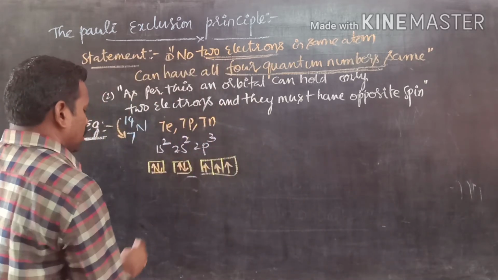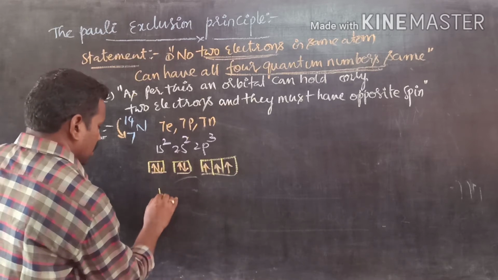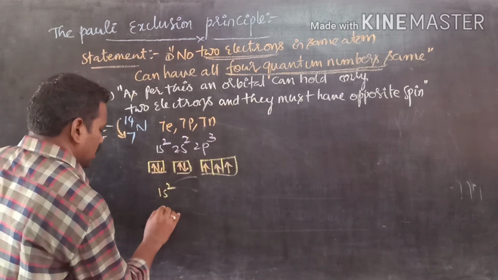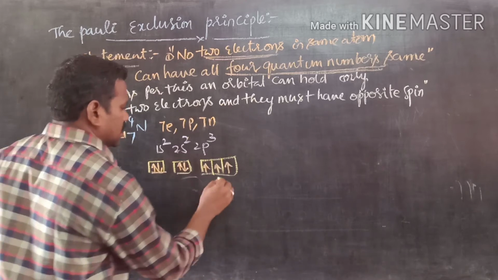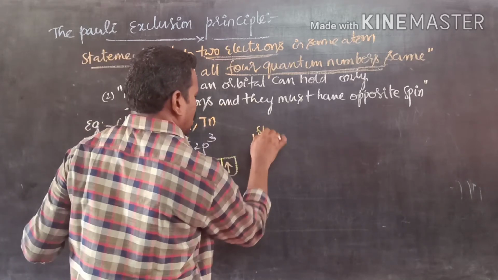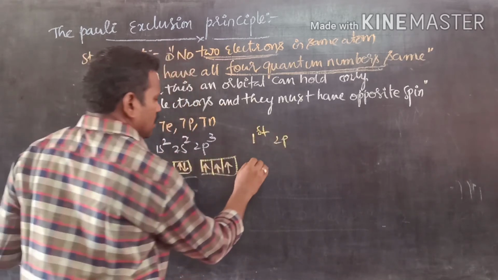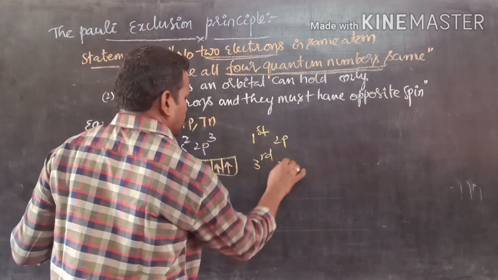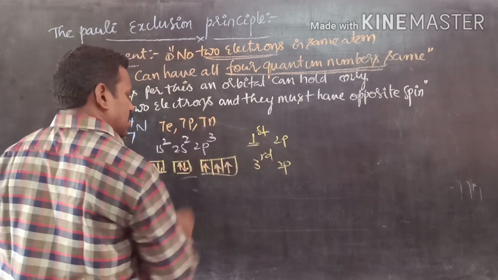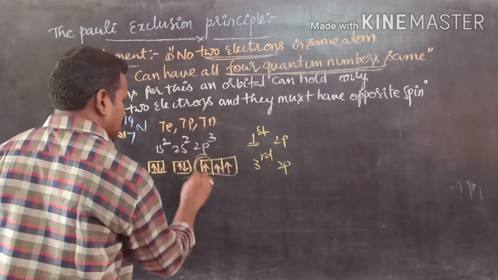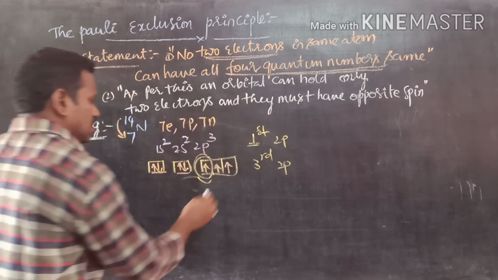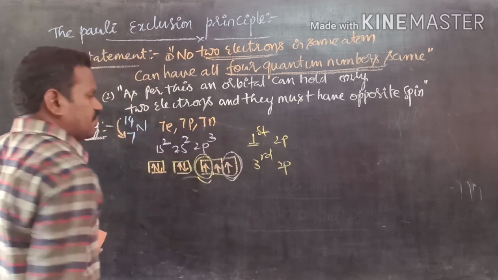Here, what is that example? I am considering 1s2, or otherwise we can consider the first electron of 2p and the third electron of 2p. This is the first electron of 2p, and this is the third electron of 2p.